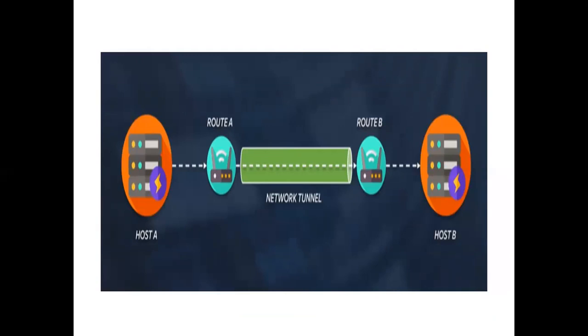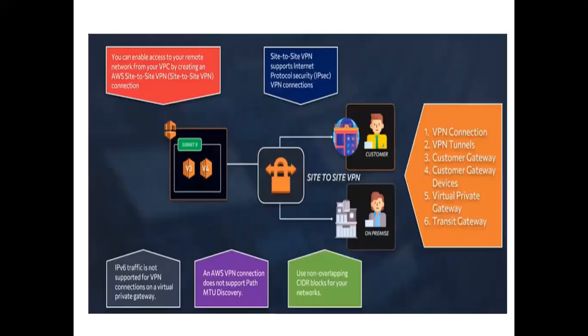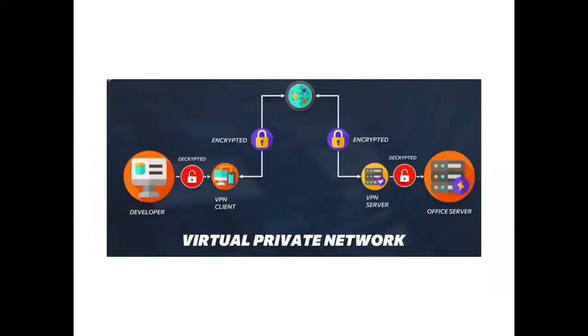Then both can communicate with each other without any problems if it is in a single network or the same location. But if you're going to an outside location, that is when you need all these things: a VPN connection, a VPN tunnel, a customer gateway, a customer gateway device, and a virtual private gateway. If you don't want to use a virtual private gateway, then you can have a transit gateway.